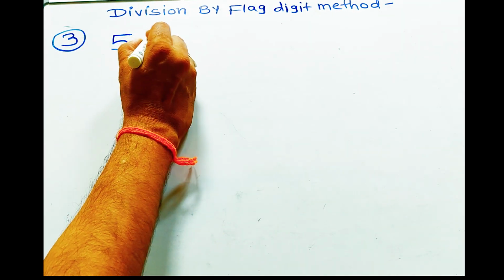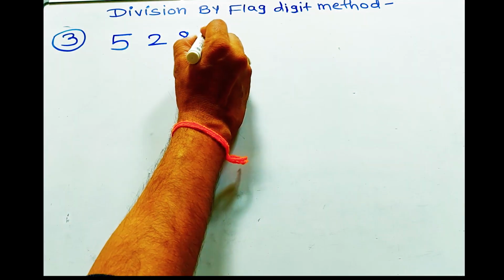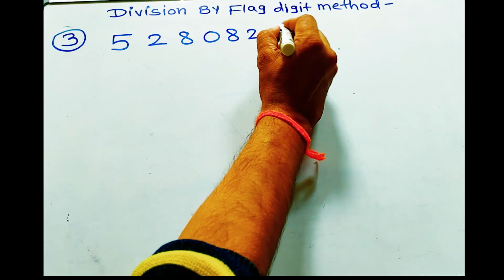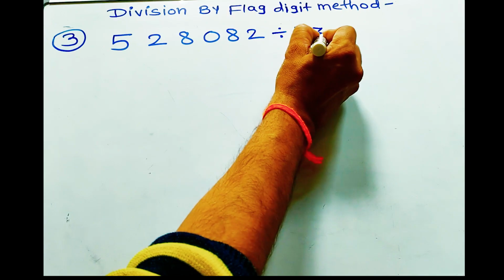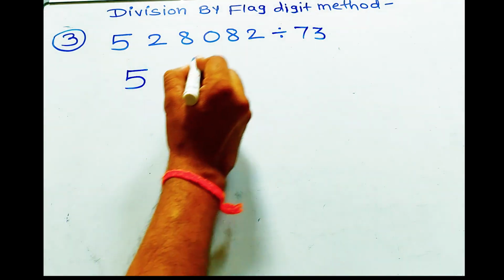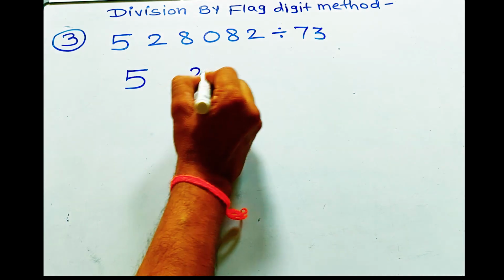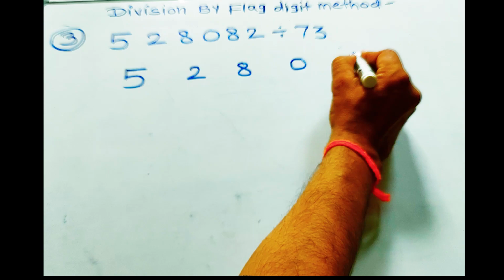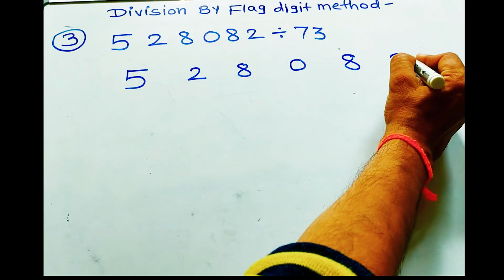See one more example, that is 5,28,082 divided by 73. Again the dividend we write in such a way: 5 2 8 0 8 2.